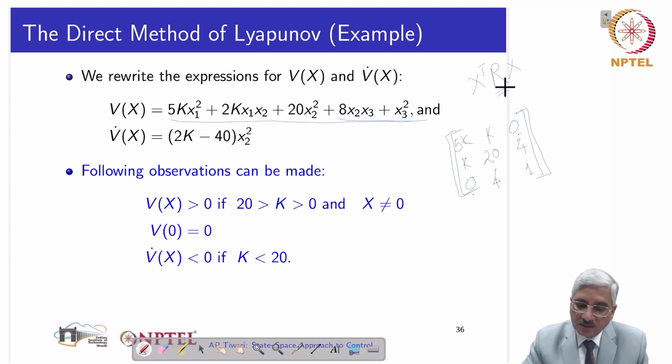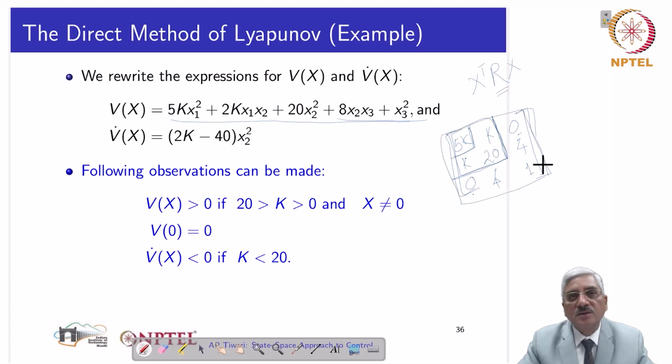Now we can see, by applying Sylvester's theorem, for the positive definiteness of this R, this 5k should be greater than 0, or k should be greater than 0. Then this determinant should be greater than 0, and finally this determinant should be greater than 0.